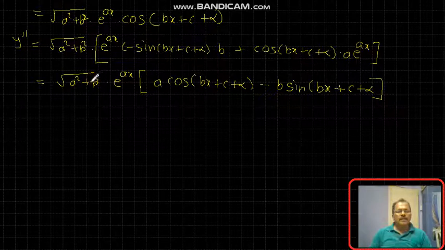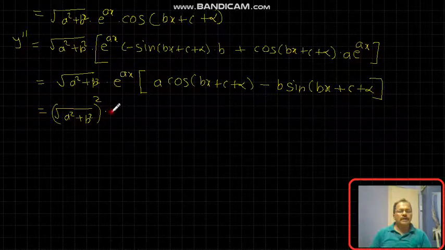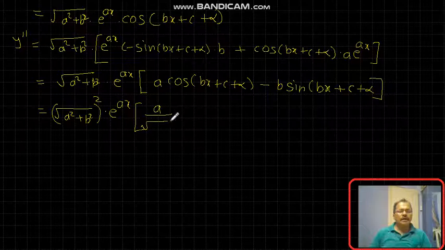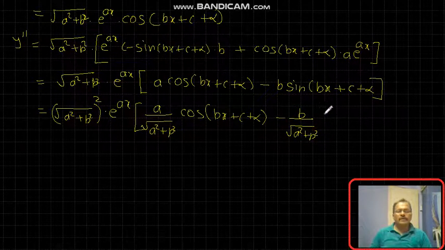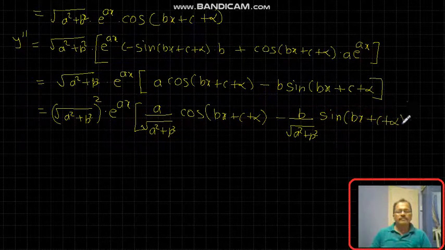Now again multiply and divide by square root of a square plus b square, so it becomes square root of a square plus b square, bracket square, into e raised to ax into bracket a upon under root a square plus b square cos of (bx plus c plus alpha) minus b upon under root a square plus b square into sine of (bx plus c plus alpha).